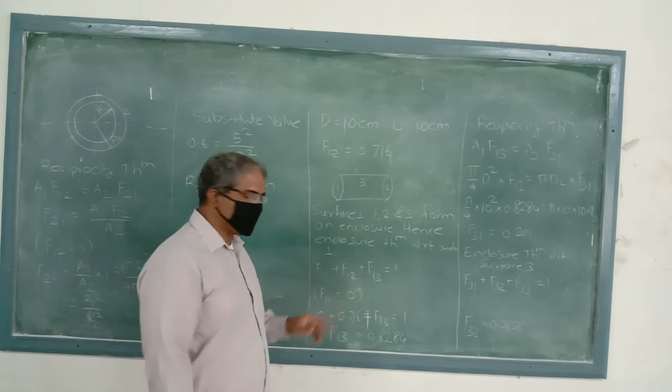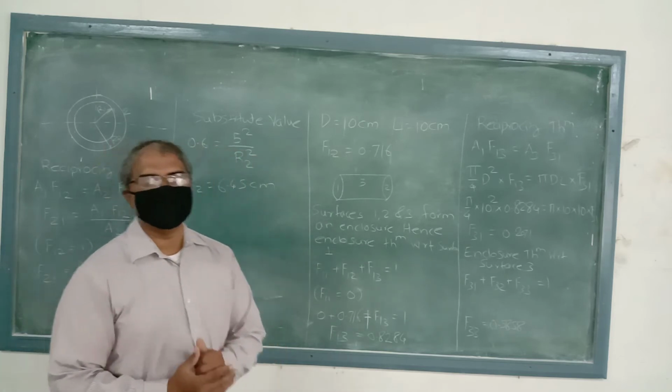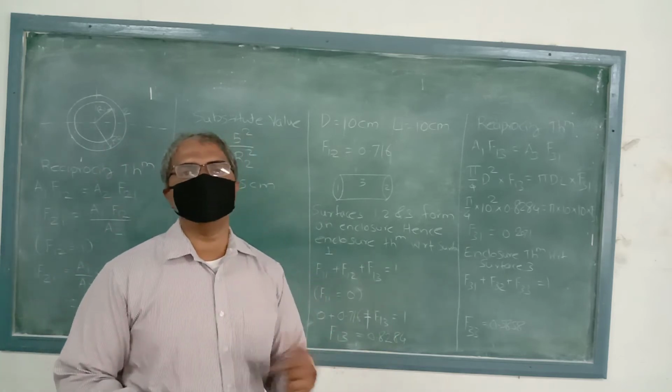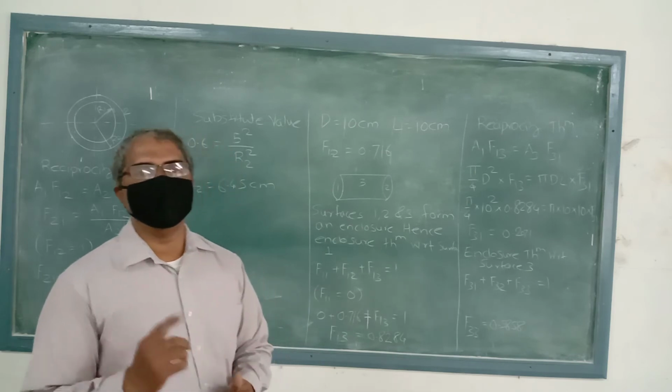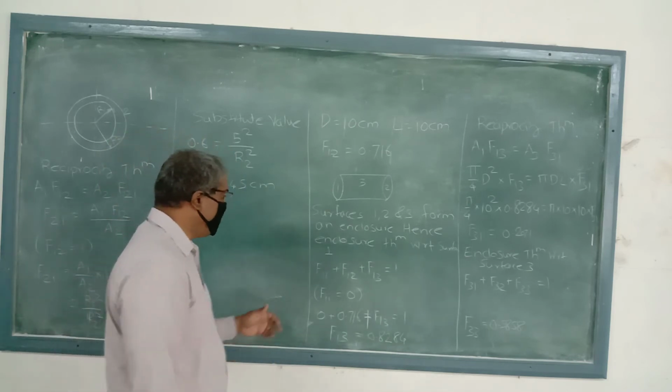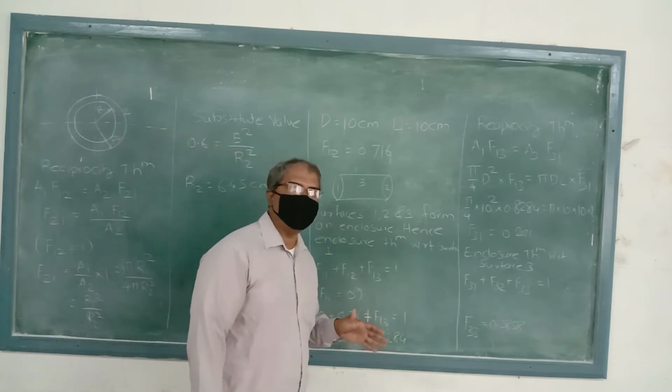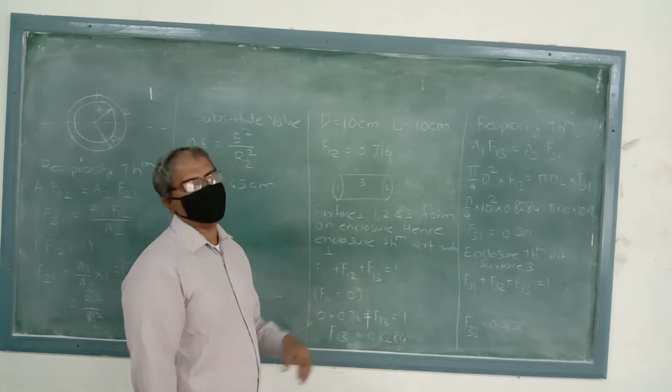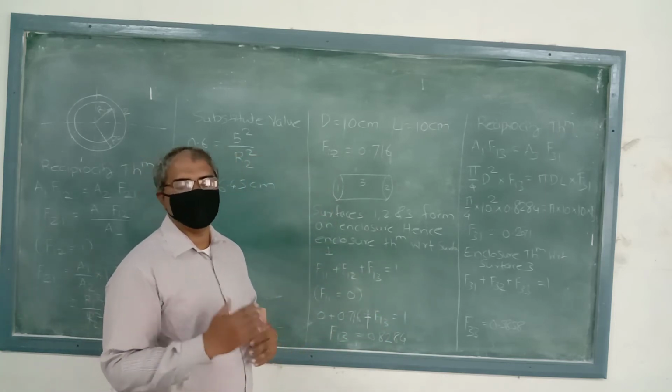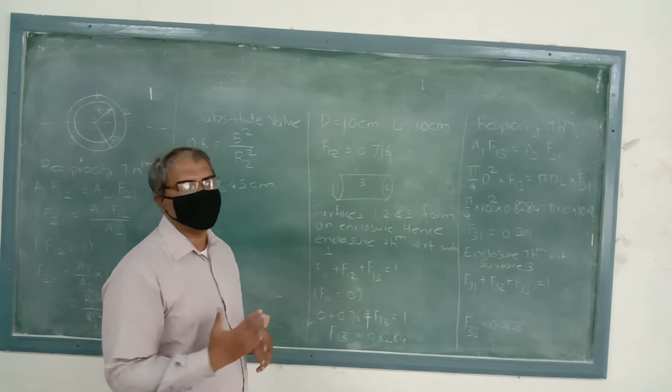Now here F1 to 1 means the shape factor of surface one with respect to itself, which is equal to 0 here, because if you observe the surface, it does not emit or absorb the radiation.